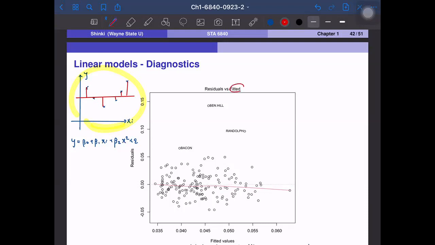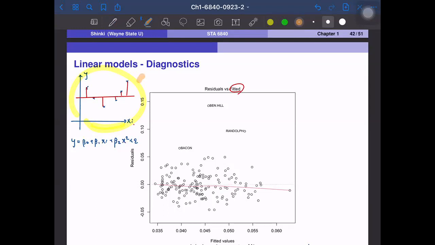We have fitted values here, but the basic idea is that we compare y with xi. If the relationship between xi and y is not linear, then we should have some distinctive pattern in the residual plot. For example, in this case, x and y have a quadratic relationship.